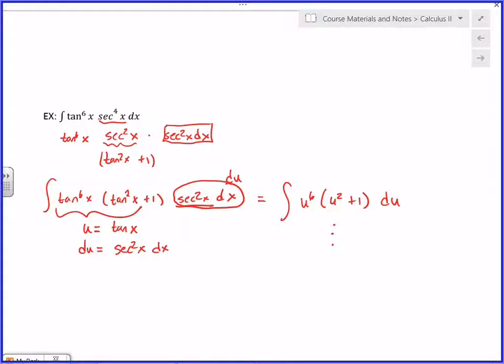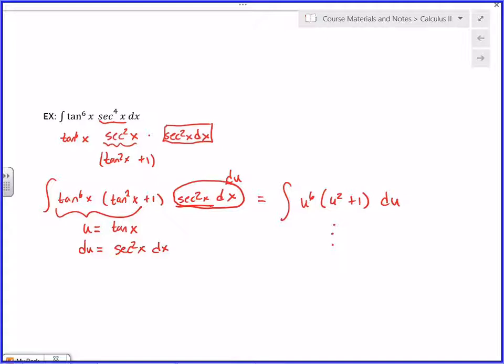My goal is to turn this into a trig function that I can stick here and then take its derivative. The only good choice right now is tangent, and the derivative of tangent is secant squared. So the reason I'm peeling off a square is because it is the derivative of tangent.